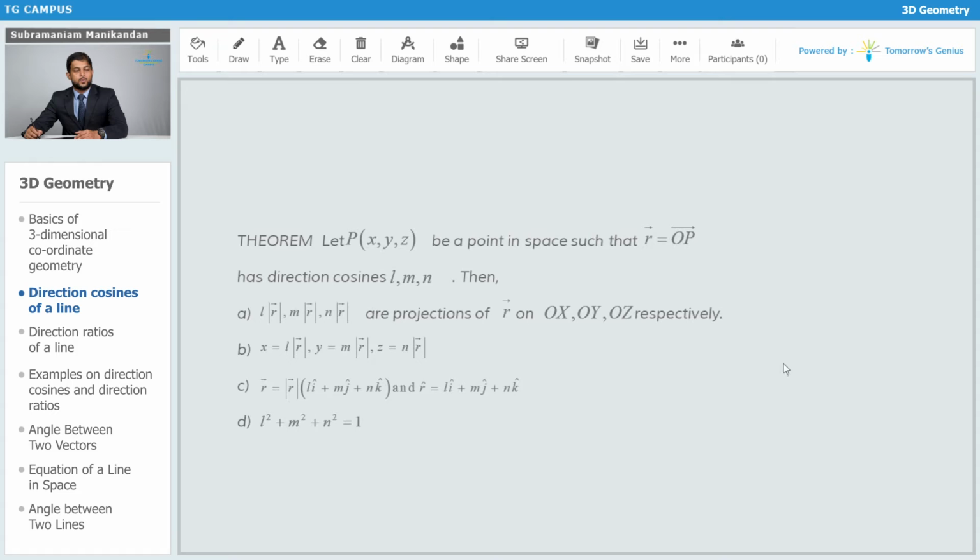So this requires a little bit of imagination. Suppose these three are the mutually perpendicular axes.